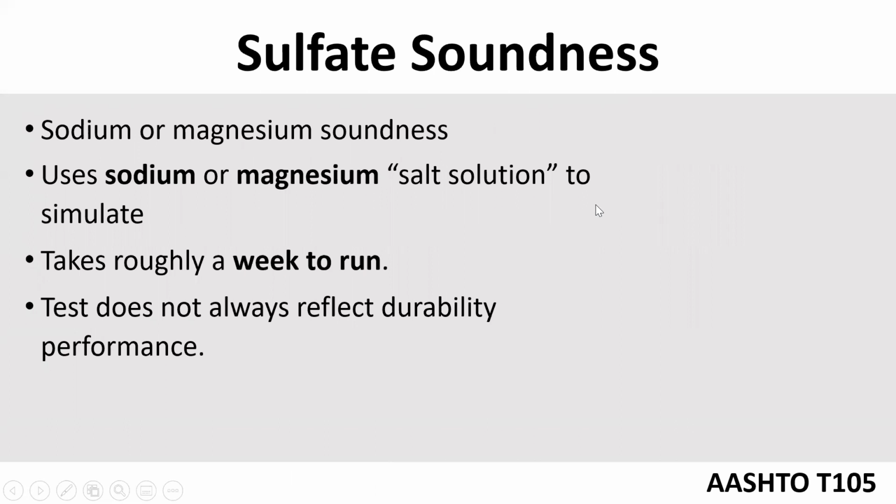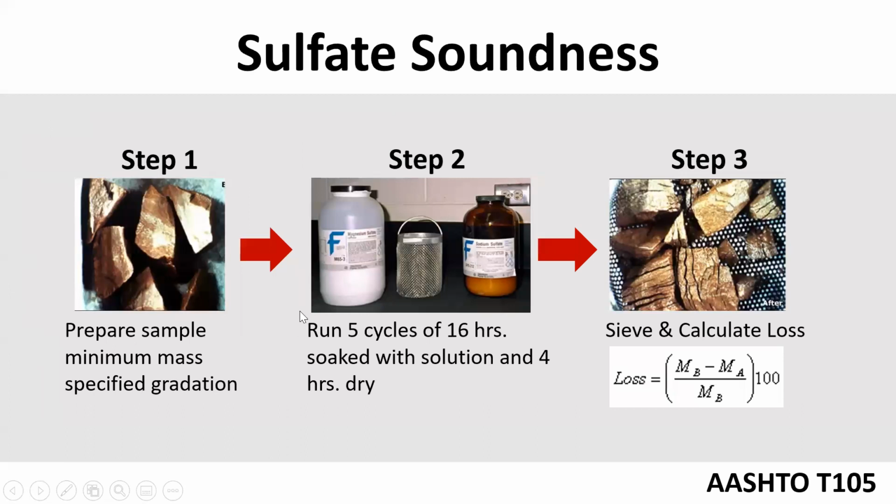You also have sulfate soundness. So whether it's sodium sulfate or magnesium sulfate, what it really looks at is how well the salts are going to attack your aggregate. This takes about a week to run. It doesn't always reflect what I'd say is durability. Some people talk about how it reflects freeze-thaw performance. I don't agree. It's more about your sulfates and how well the aggregate's going to have issues.